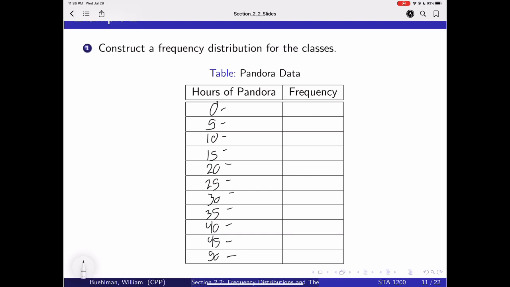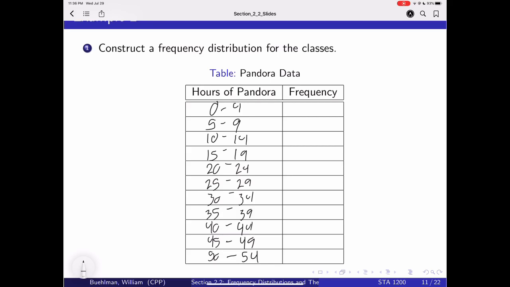Every hours value was a whole number, so this first class is going to be 0 to 4, the second one's going to be 5 to 9, and we will continue on with the same pattern. So now we have all of our classes figured out.